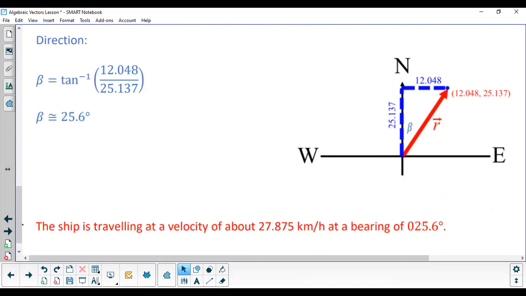We're just trying to figure out the angle, the direction from north to the resultant. So I can use opposite over adjacent. I can use my tan formula, and that will give me my final answer that the ship is traveling at a velocity of about 27.875 kilometers per hour at a bearing of 25.6 degrees.